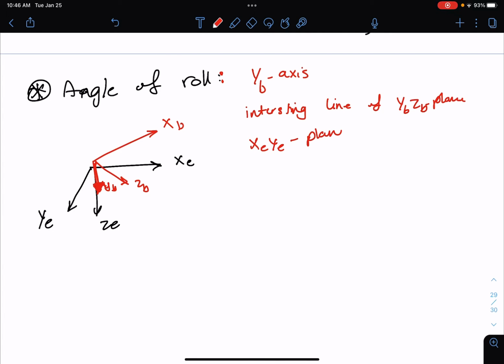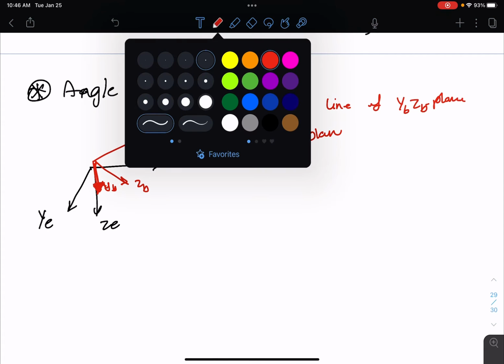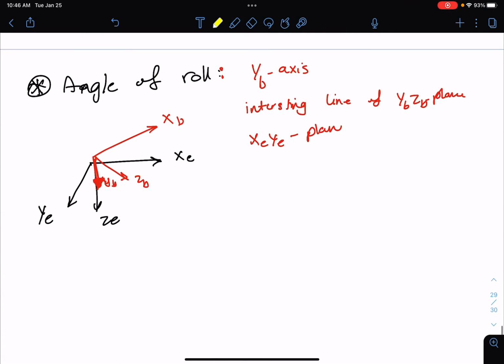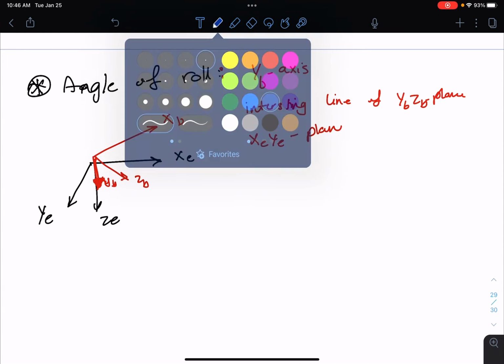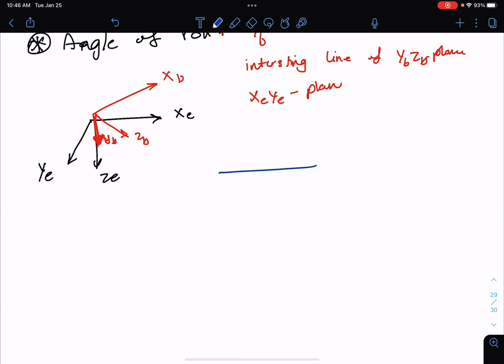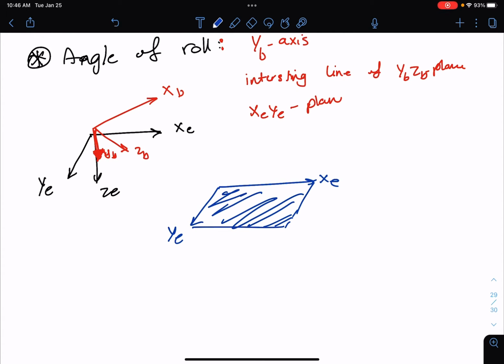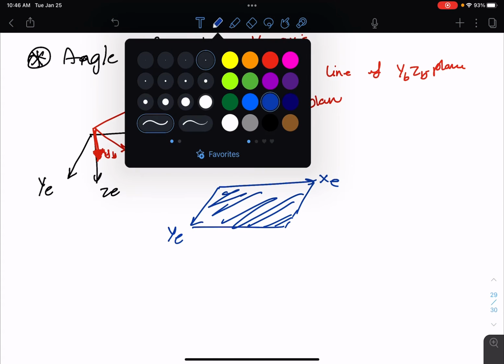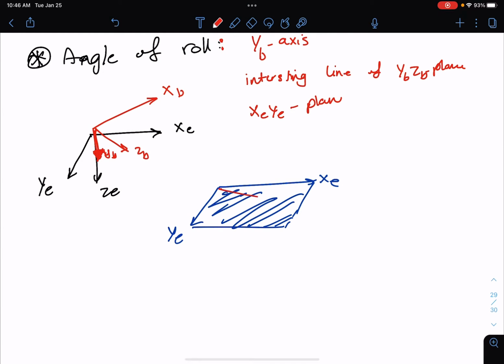So we have this plane. Let me use a different color. We have this XE YE plane. And then we have the ZB and YB plane. They are going to intersect at a line.